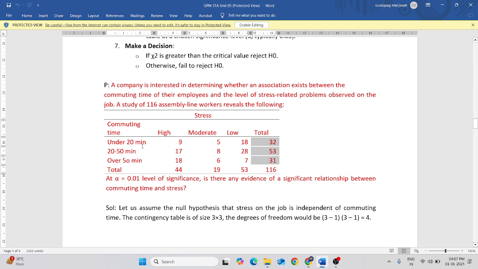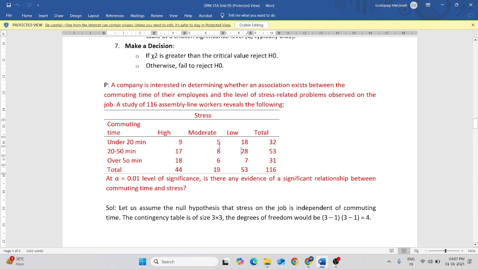So under 20 minutes, high stress, moderate, and low stress put together is 32, and this 116 is considered the grand total. Now for each cell, this is cell 1, cell 2, cell 3, and again cell 1, cell 2, cell 3, so you can name them C1, C2, C3, C4 like that.